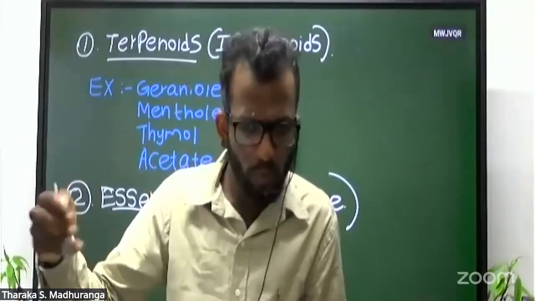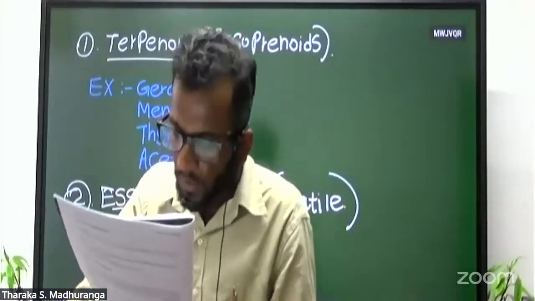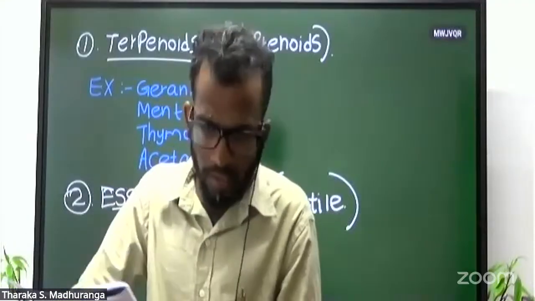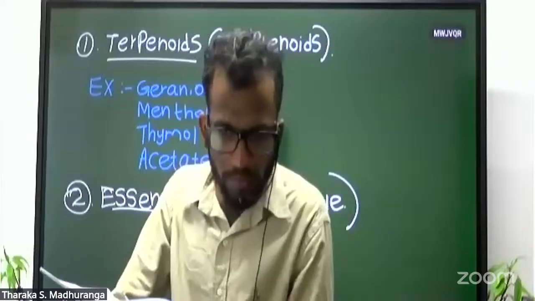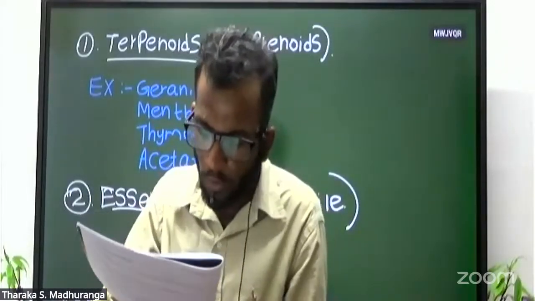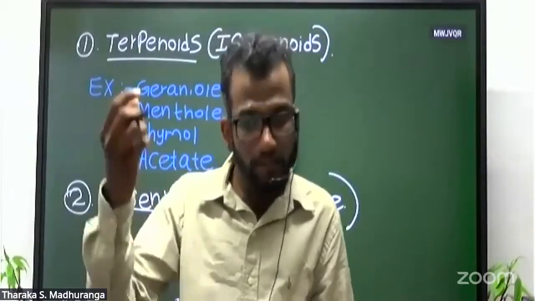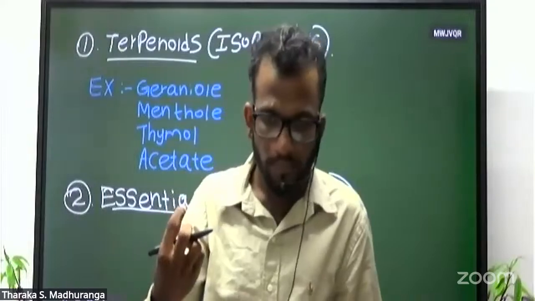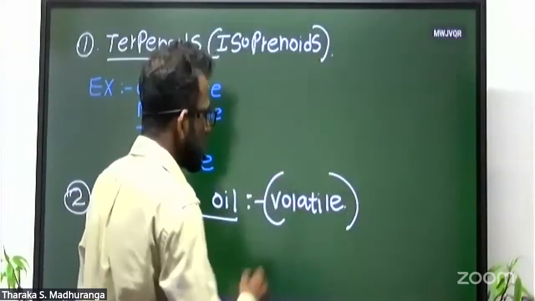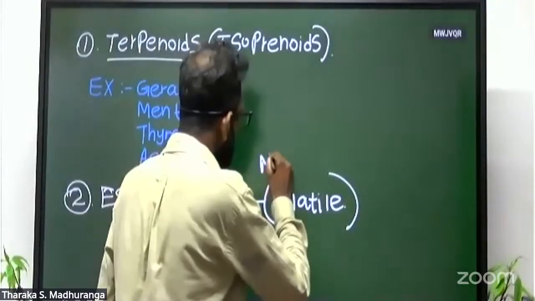If you don't know, you can note it down. They can be extracted from plants. These are small molecules that cause the characteristic odor, meaning they have a specific smell. They are immiscible with water, which means not dissolved in water.